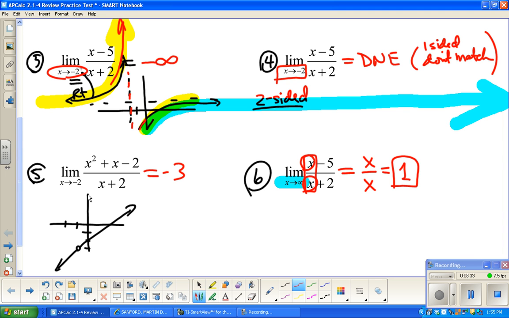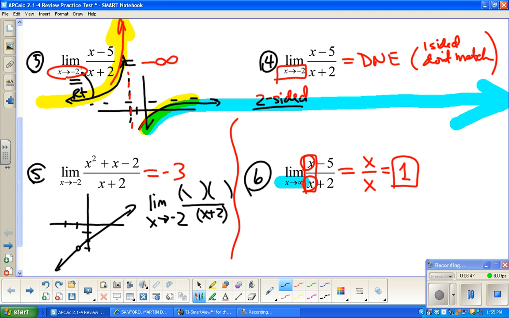Now, I know some of you are sitting back there already going, come on, Mr. Sanford, you could just factor that sucker. Yep, let's do that. Let's factor it. Okay, so the bottom is obviously x plus 2. In the top, x plus 2, x minus 1. Okay, so, oh, I know I'm looking at the wrong spot on the graph.